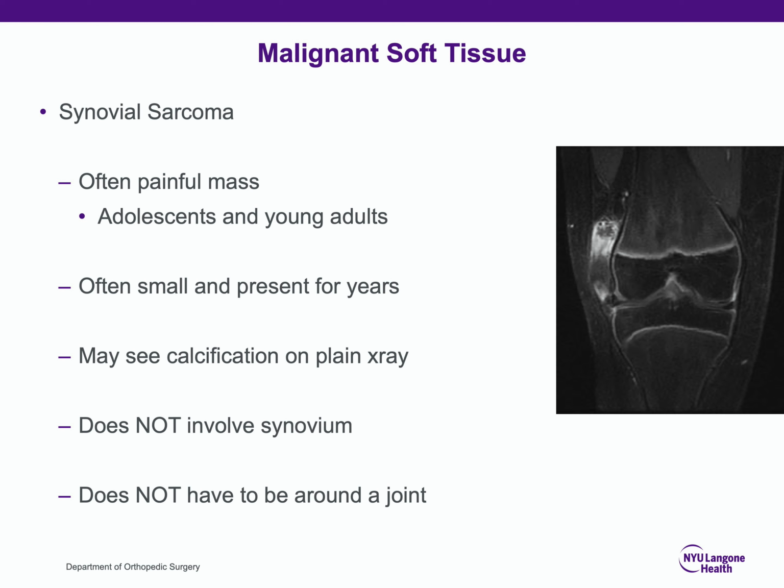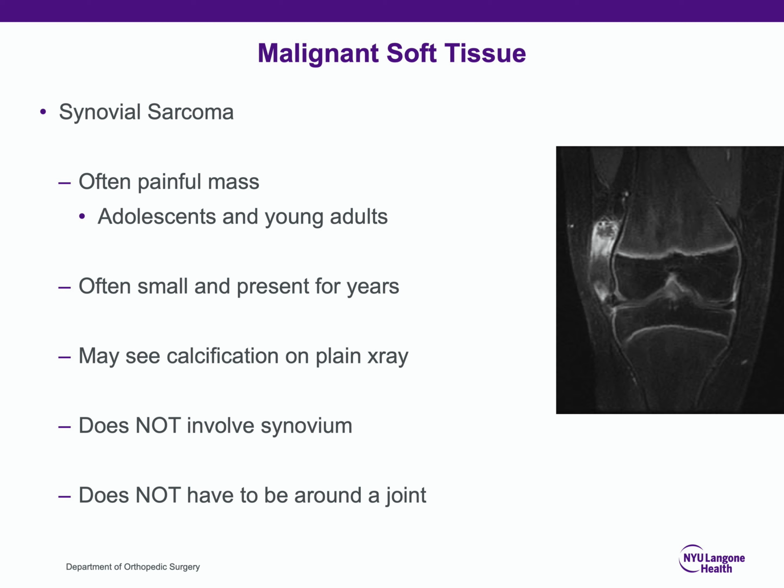I've mentioned this one before, synovial sarcoma. It's a little different, because it presents oftentimes in adolescents and young adults, unlike typical soft tissue sarcoma in an older individual. These, for unknown reasons, happen in younger patients, usually not children, but young adults and adolescents.